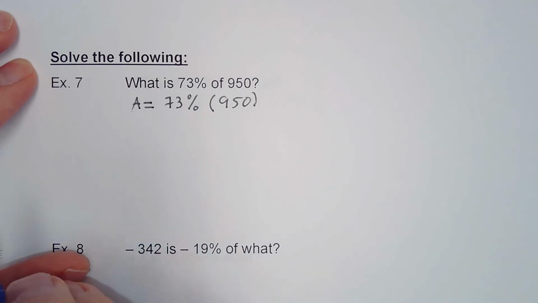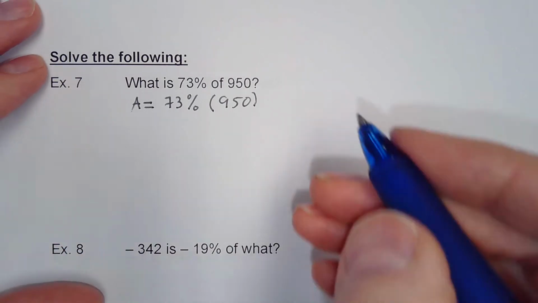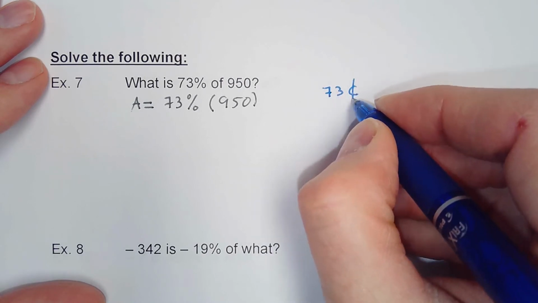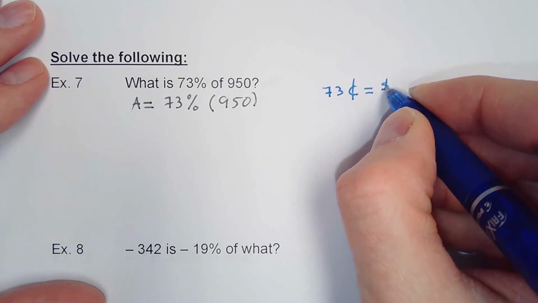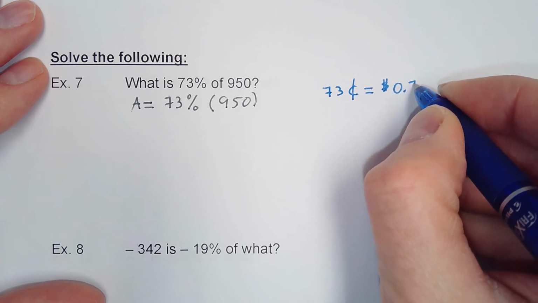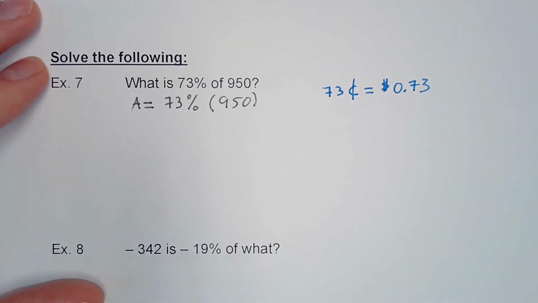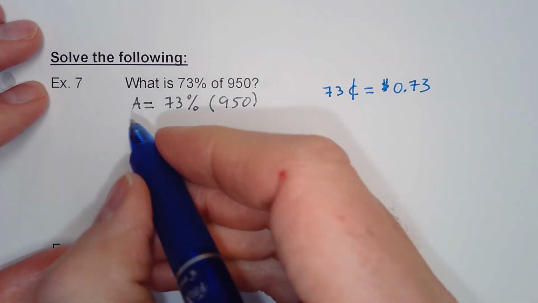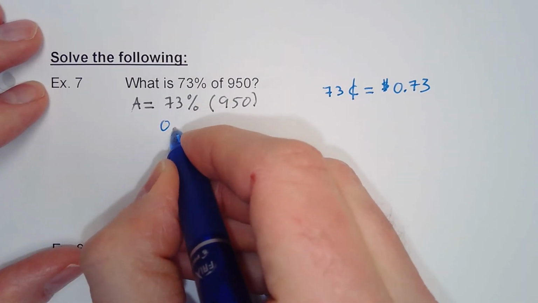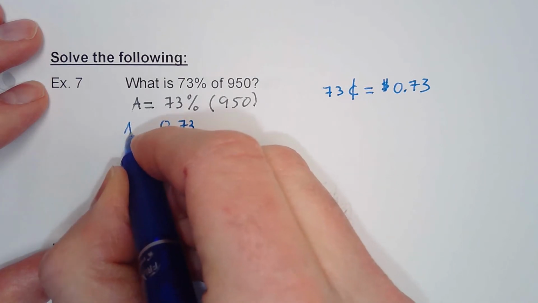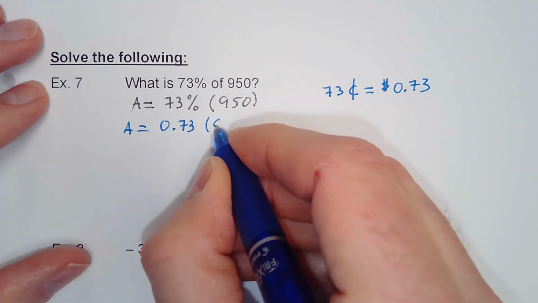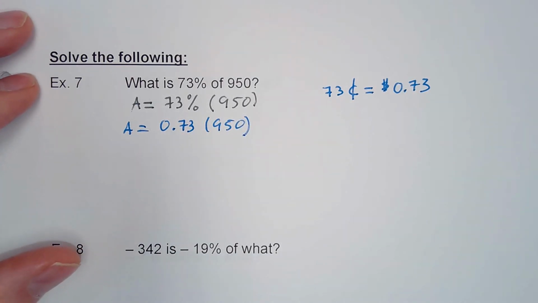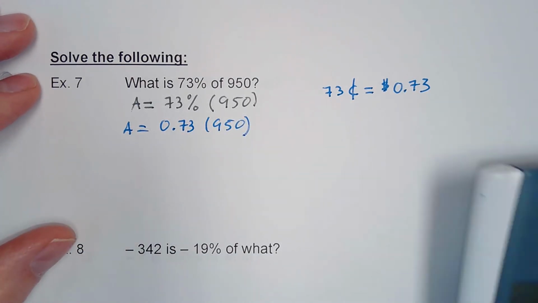Now, to write 73% as a decimal, you want to think about money. If I have 73 cents and wrote that in terms of dollars, that'd be $0.73. We're going to do the same thing to the percent, write that as 0.73. Now, since these two are on the same side of the equation, we just go ahead and multiply.